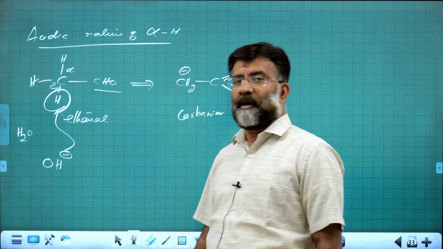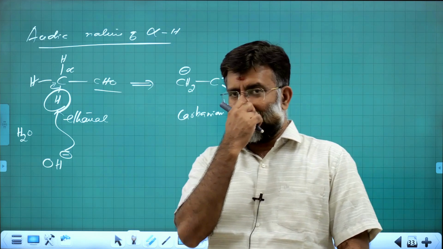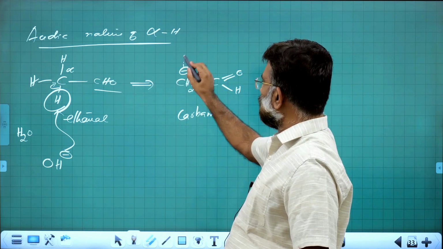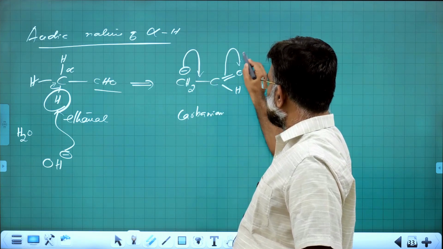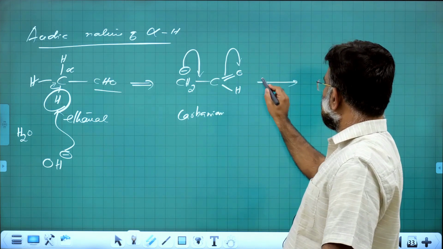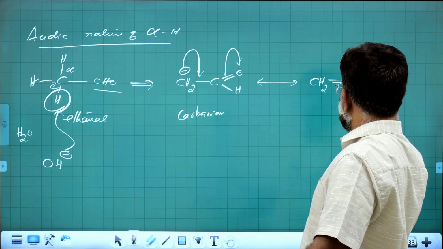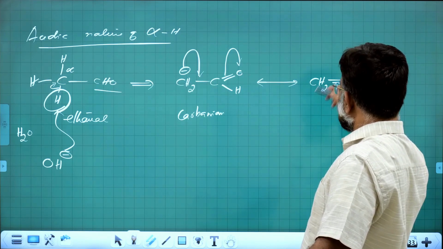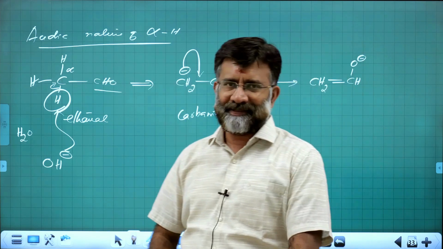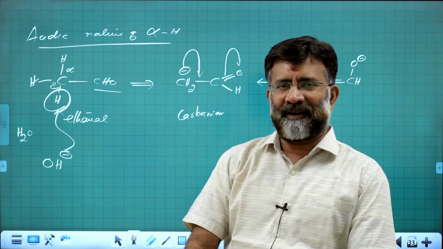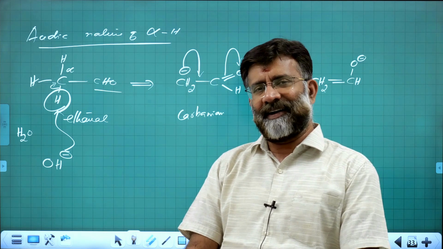And that carbanion is stabilized by the nearby electron withdrawing group. This carbanion may be stabilized like this. Look at the resonance. Due to this resonance stabilization, the carbanion is stable. Since the carbanion is stabilized, that hydrogen may be released as H plus. Hope you understand how we say alpha hydrogen is acidic.